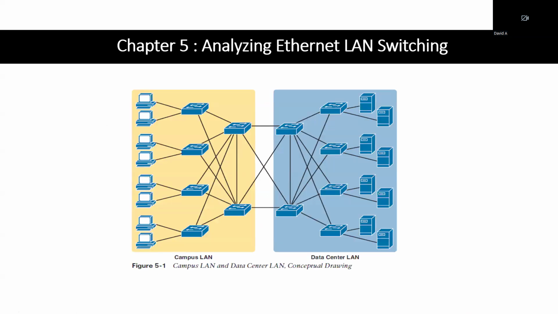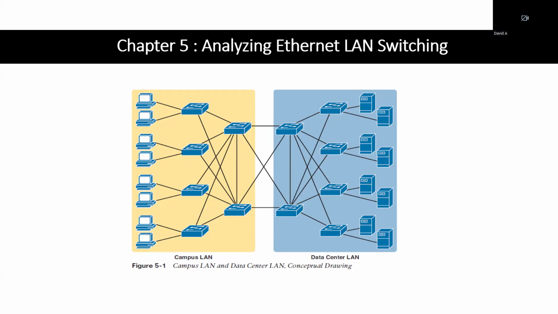By default, local area networks connect devices to other devices. Switches will connect, one to a server, another one to a host, and now we have a client-server setup. Now the location of these devices varies. In this diagram you can see we have a campus local area network and a data center local area network.